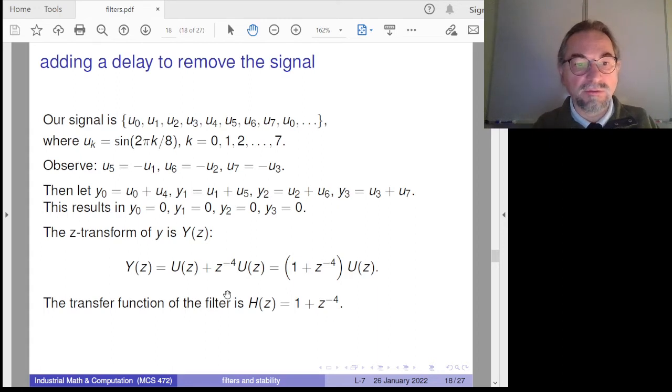So we can write down now the z transform of the output as the z transform of the input plus the z transform of the input divided by z to the power 4. So we have the description now of our output as a product with the input. If we factor this out, it all works out extremely nicely.